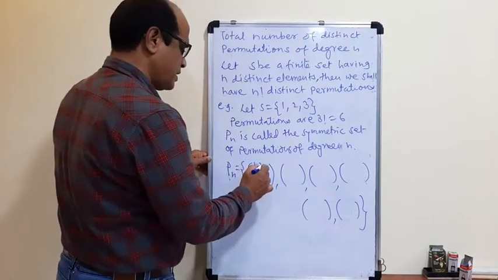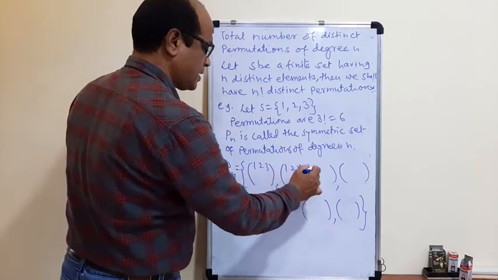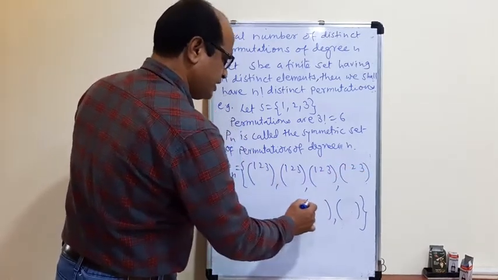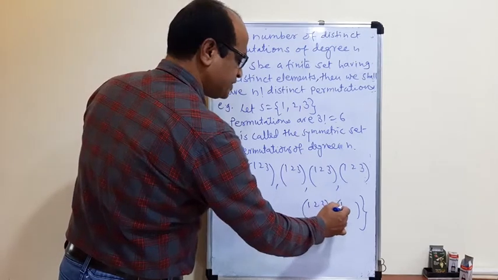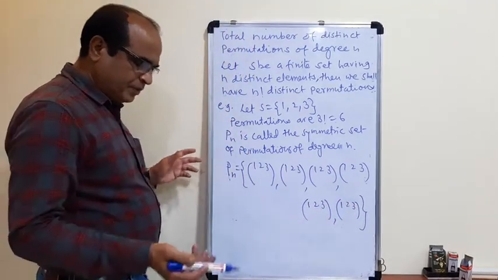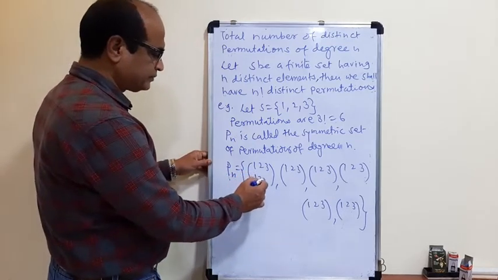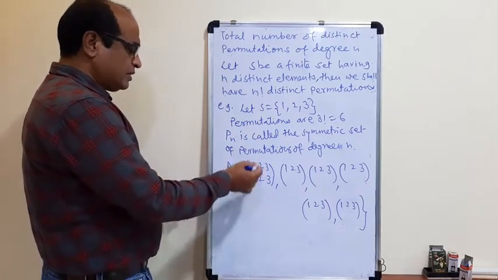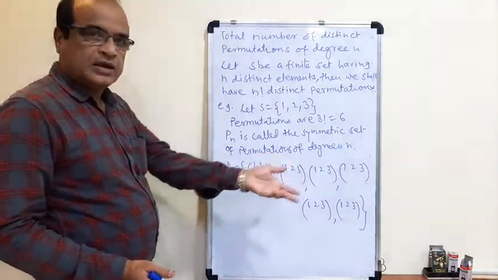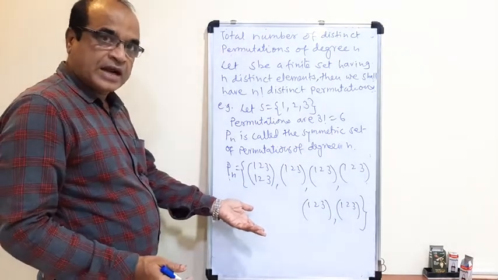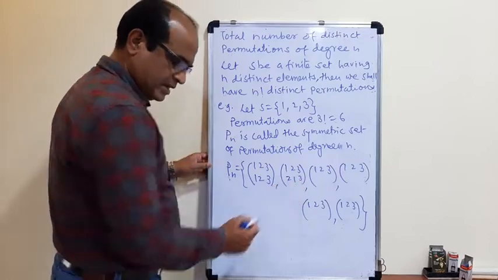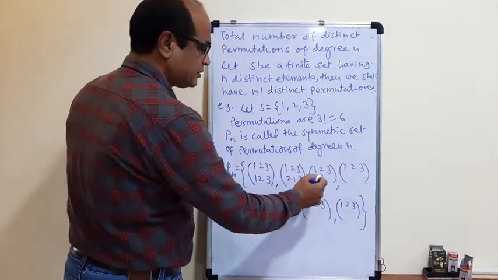So you can write it easily. How many permutations are there? 6 permutations. So what permutations are possible? That is 1, 2, 3. This permutation is called the identity permutation. Then 2, 1, 3. Then what is another possibility? 1, 3, 2.